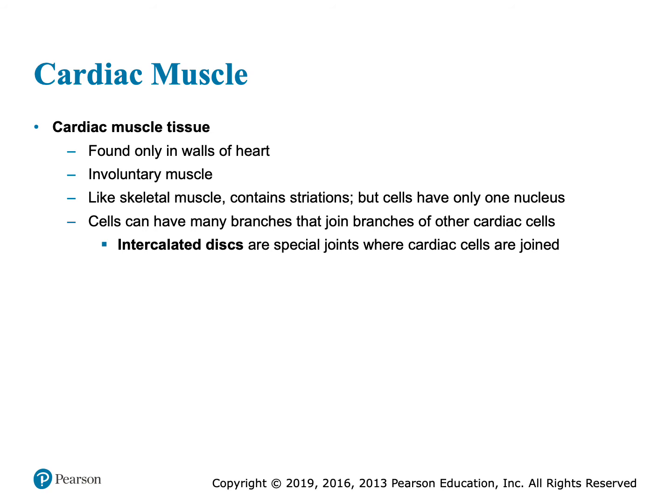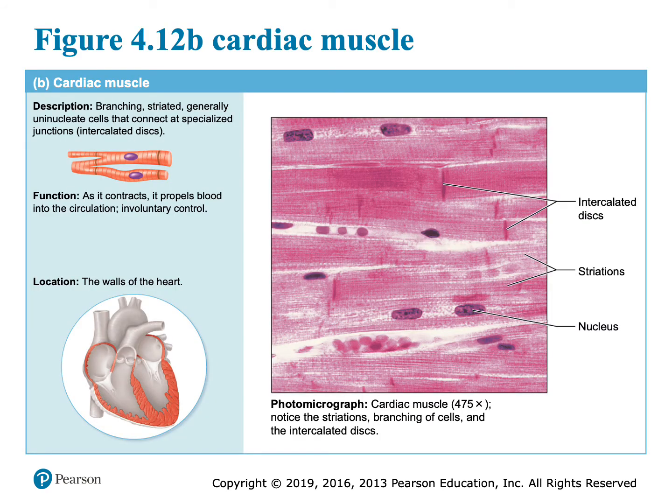Cardiac muscle also has striations, although they're not quite as pronounced as skeletal muscle. And they have something special called an intercalated disc where cardiac cells come together. So maybe you can appreciate some stripes.